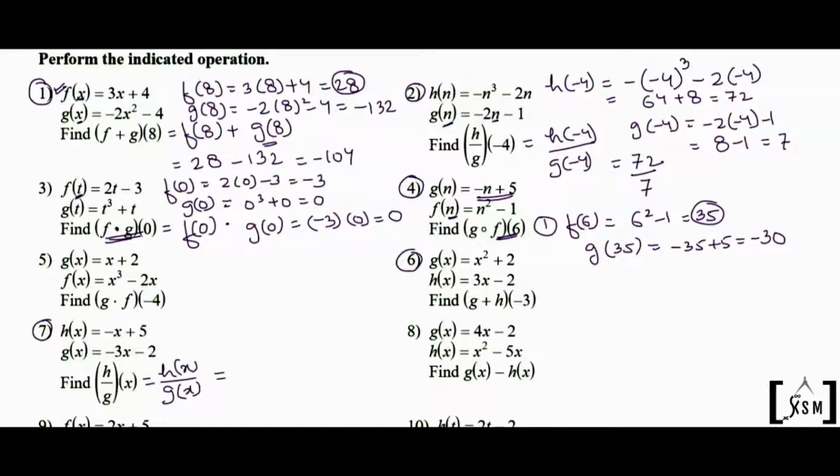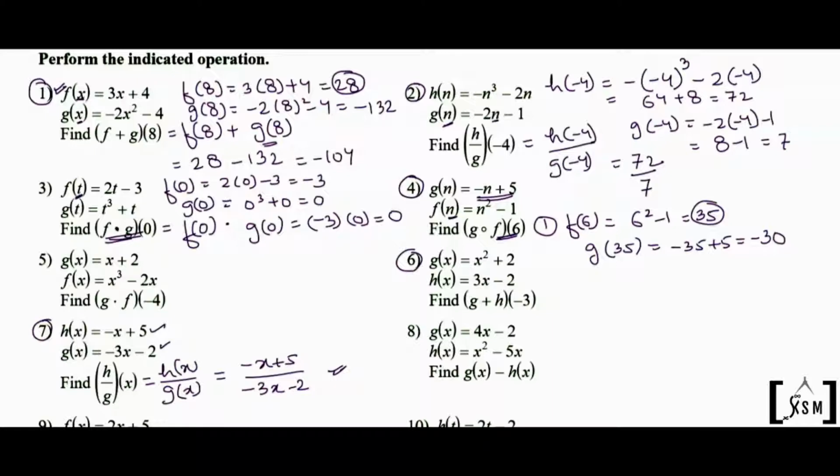We don't have to plug in any number in place of x, right? So hx value is negative x plus 5 over negative 3x minus 2. We have simply to plug in these values because we have these numbers. Okay, so that's my answer, right?